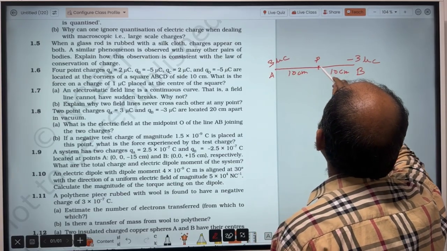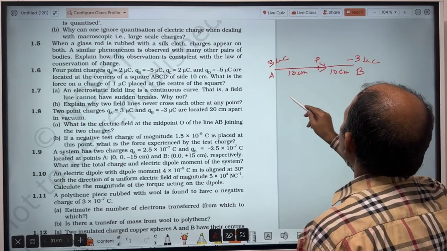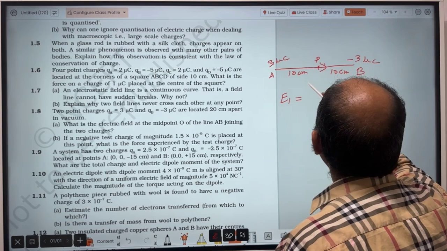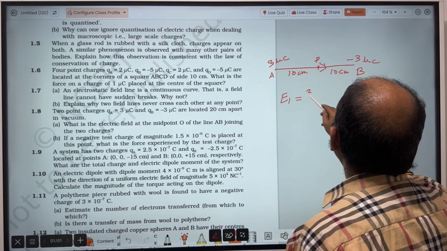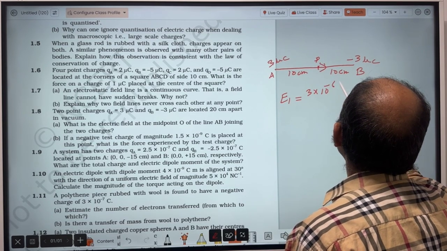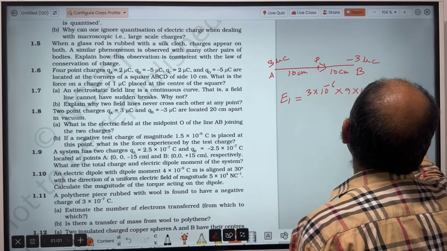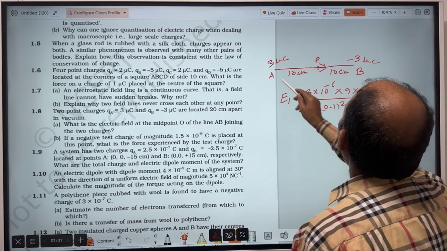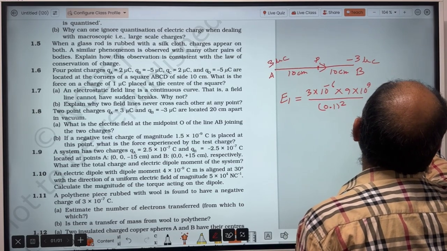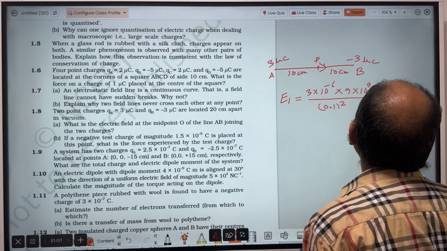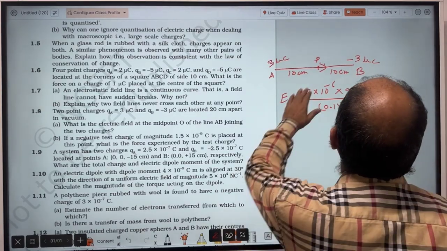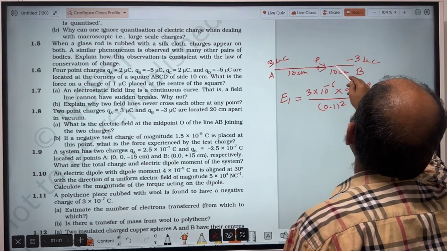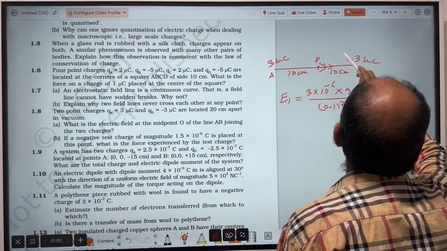Now due to this positive charge, the electric field will be like this. Let's evaluate E1. E1 equals 3 into 10 to the power minus 6 into 9 into 10 to the power 9 divided by distance square, 0.1 square, and directed along AP. Now we find the electric field due to the minus 3 microcoulomb charge. This is the negative side, so the field will be in the same direction.